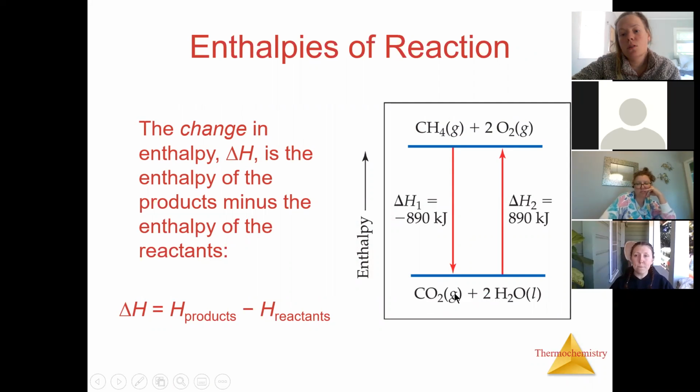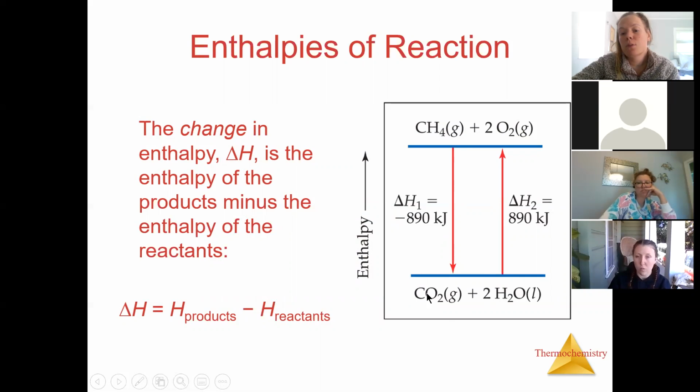Let's say we've got methane and we're going to combust it with oxygen to produce CO2 and H2O. I am going to release heat. This will be my change in delta H of negative 890 kilojoules. That's how much energy gets released every time I run through this chemical formula once.